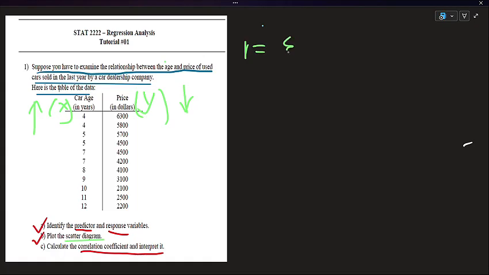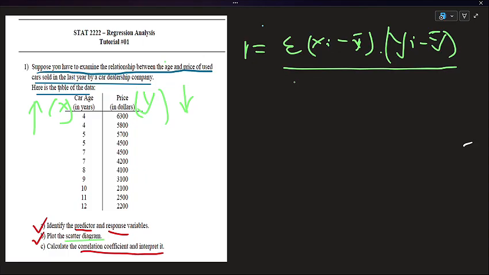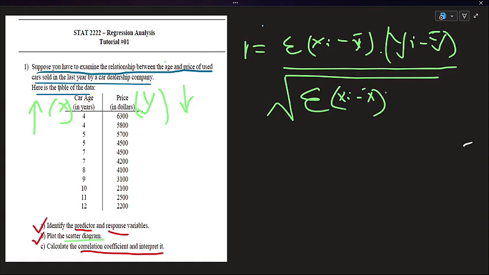That equation is the sum of (xi minus x bar) times (yi minus y bar), divided by the square root of the sum of (xi minus x bar) squared times the sum of (yi minus y bar) squared. This is the equation you have to use to calculate the correlation coefficient.